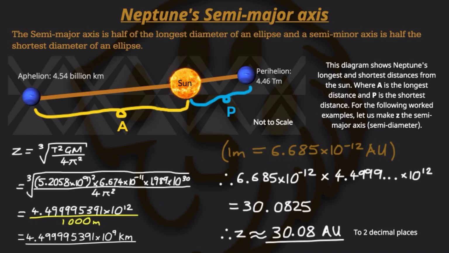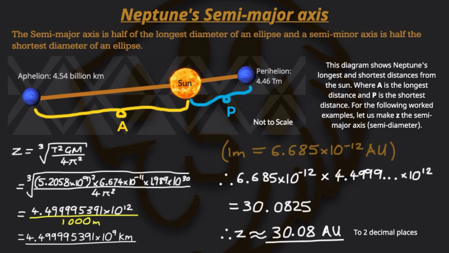Remember the GM that we looked at, with the mass of the Sun being 10 to the power of 30 there, and then we divide by 4π squared, and then we get our answer, which is 4.499995391 times 10 to the power of 12, and then we divide that by 1000 meters to get our kilometers, which is the answer that you see at the bottom left side there.